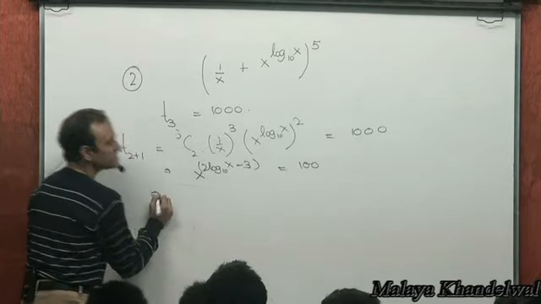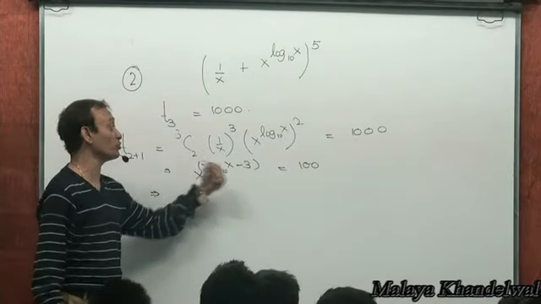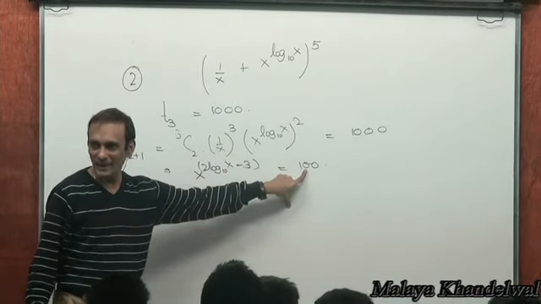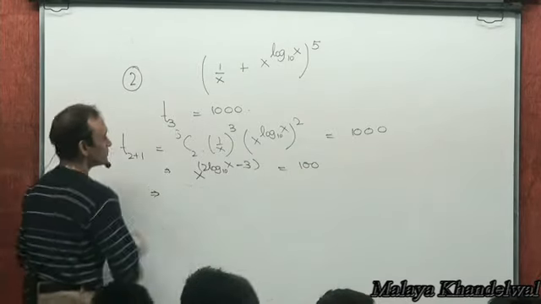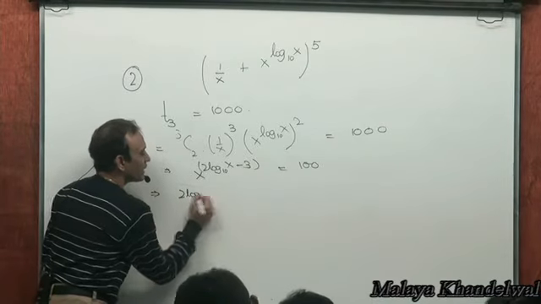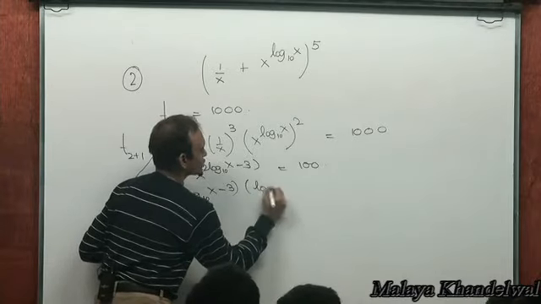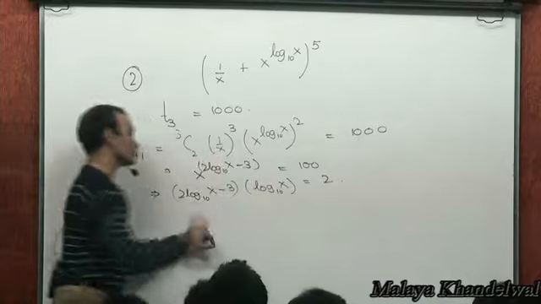Now what you could do is take log of both sides to the base 10, then this will be 2. If I take log to the base 10, this will turn out to be 2, isn't it? So if I took log of both sides, then 2 log x to the base 10 minus 3 into log x to the base 10 is log 100 to the base 10, which is 2.